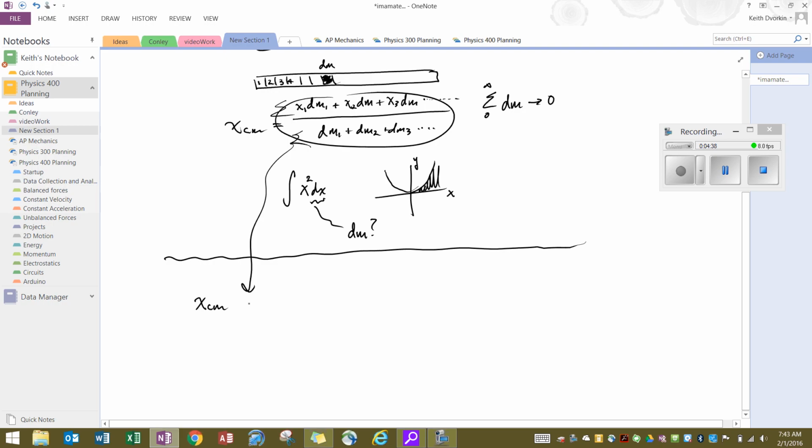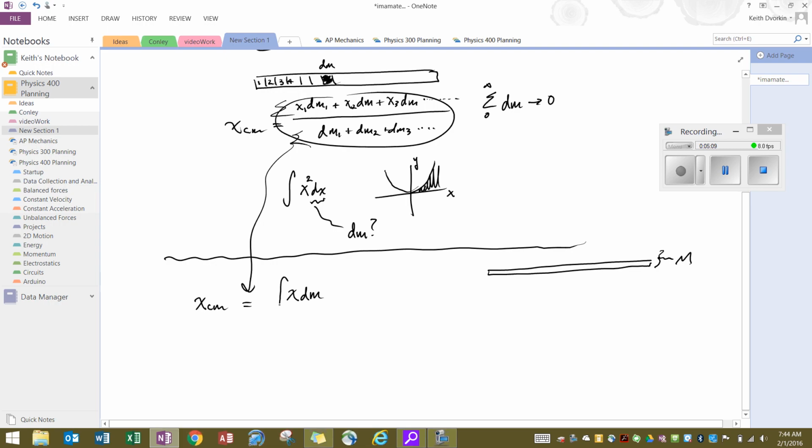Here's our rod that we're trying to integrate to find the center of mass of. Let's just say that this thing has mass capital M. Okay, so we have the position of each little bit of mass times its little amount of mass.